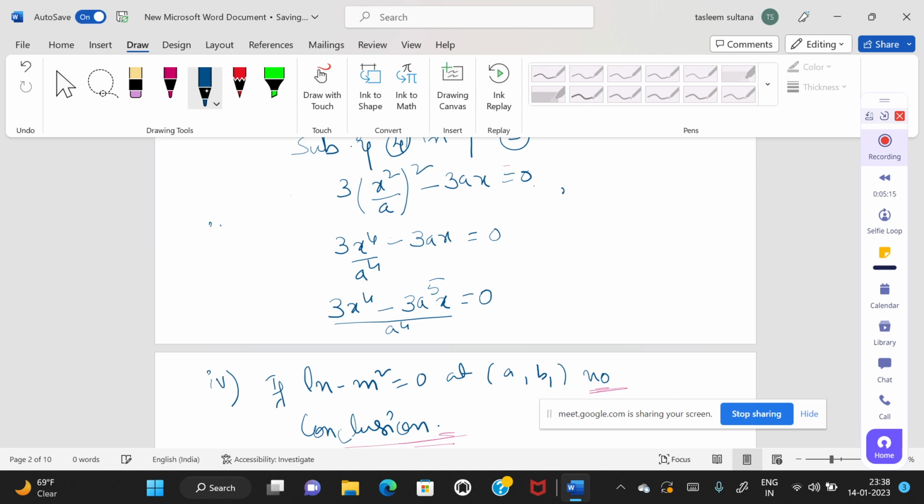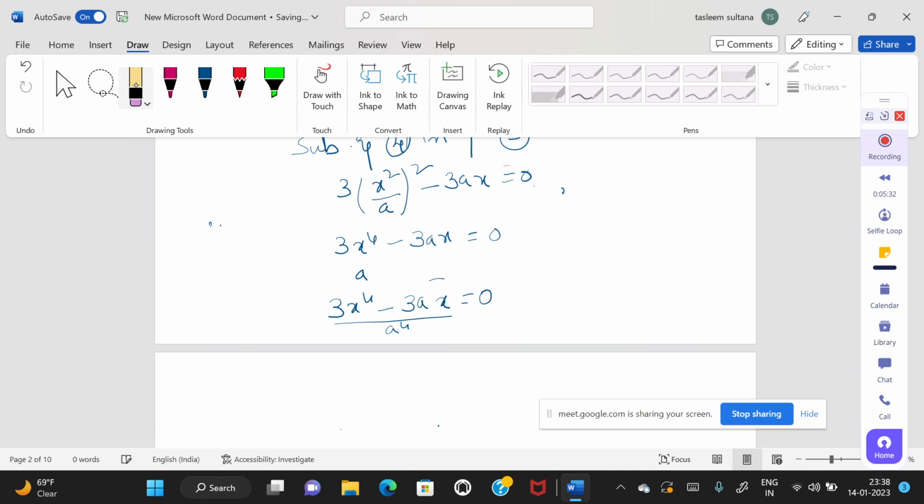It will be a square, not a to the power 5, since this is whole square divided by whole square.